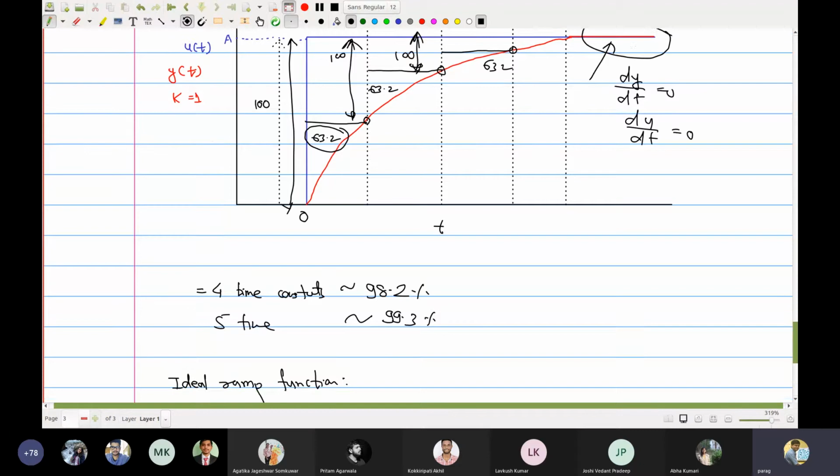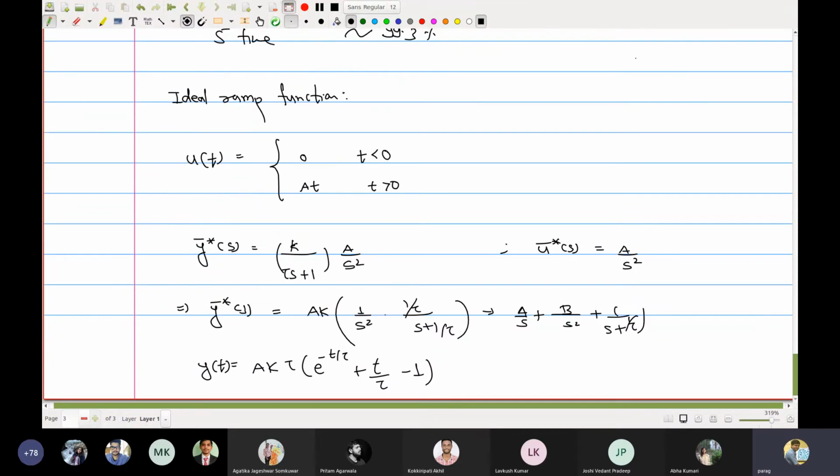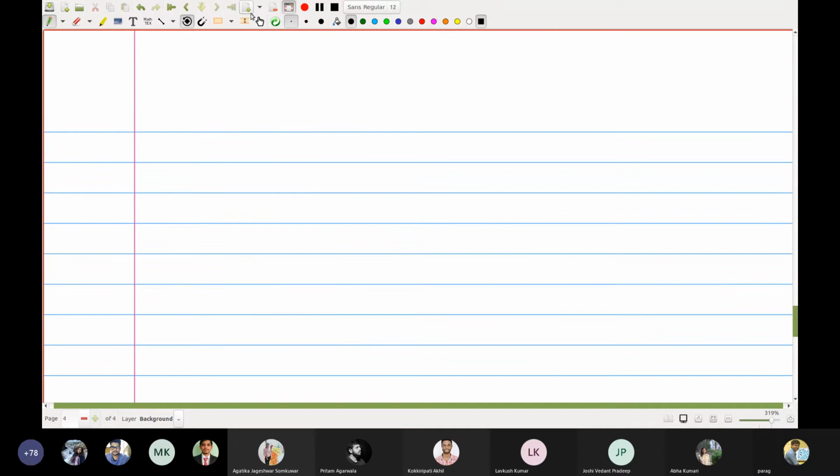Now for the case of a ramp function, the situation is interesting. In case of a ramp function, you have a situation like this.